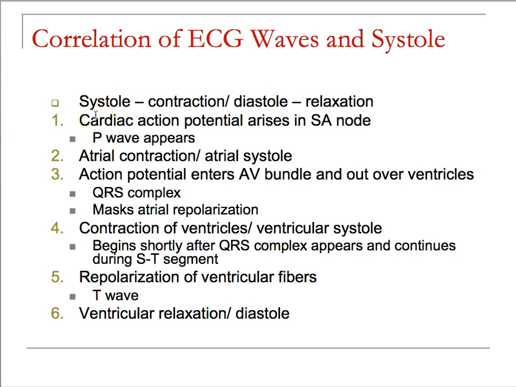And cardiac action potential arises in the SA node, and that's when the P wave begins. Atrial contraction, atrial systole. Then the QRS complex occurs, but notice where it's happening. The action potential enters the AV bundle and it exits out over all the ventricles.